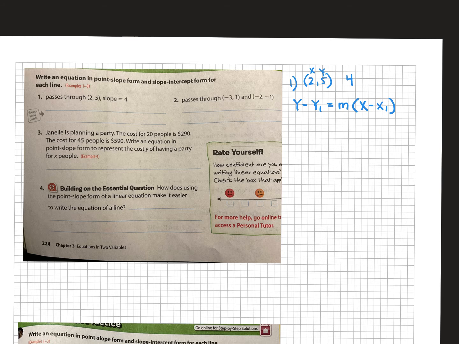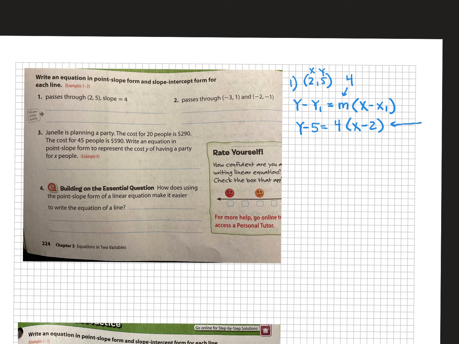My first one's my x, my second one's my y. So I'm going to go y minus 5 equals the slope, which is 4, and then x minus the x, minus 2. And it says write an equation in point slope. Done.